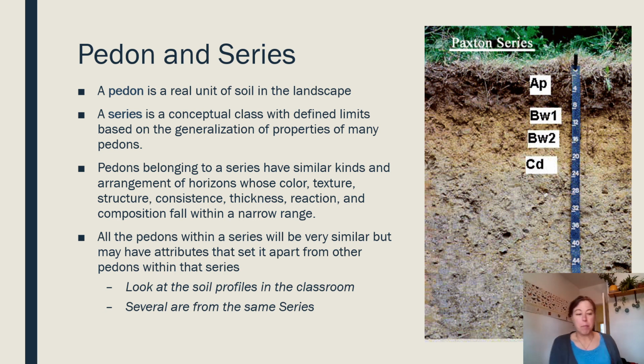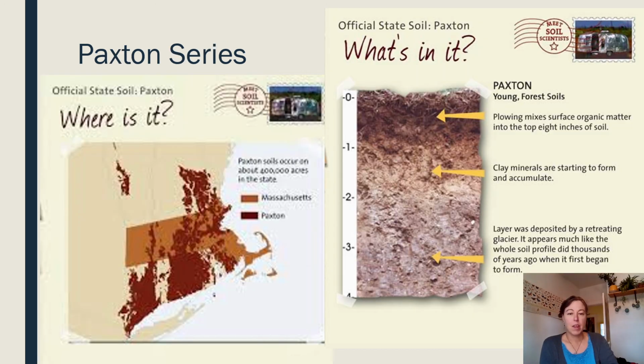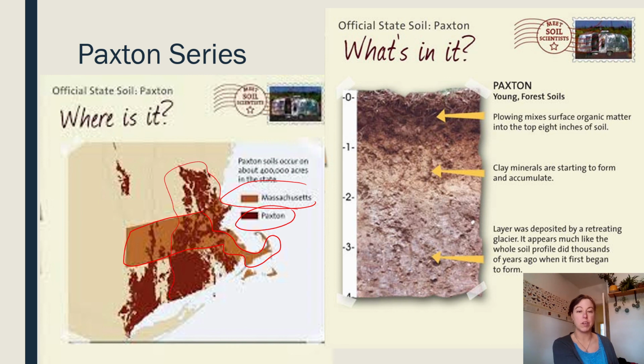So this is an example here. The Paxton series is one that's near university and is well documented. So here is the state of Massachusetts, right? And here's the Paxton soil series. So it's quite a large soil series.